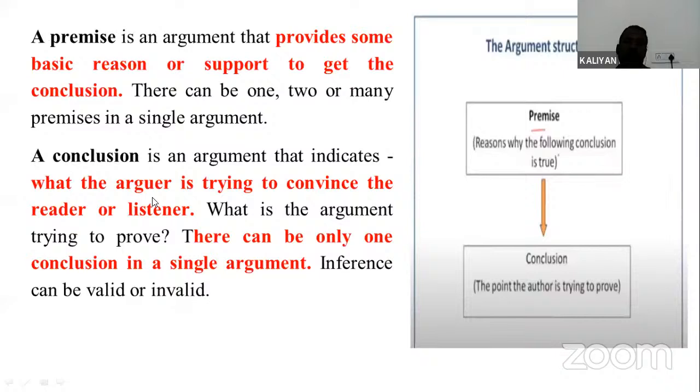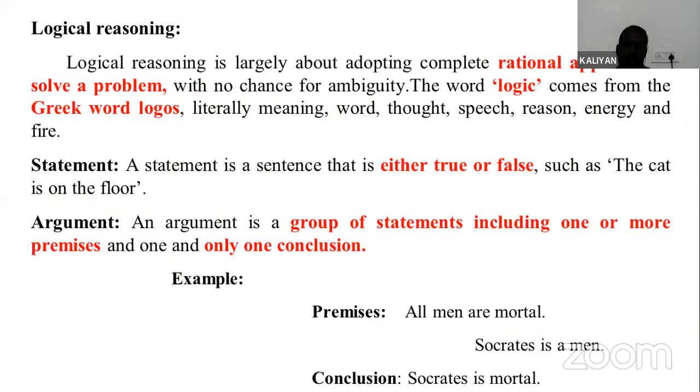There can be only one conclusion in a single argument, while one, two or many premises can come. In this picture, see the structure of the argument. Premises mean the reasons why the following conclusion is true, and the conclusion is the point the author is trying to prove through the premises. So are you clear? Premises, conclusion, statement and argument.